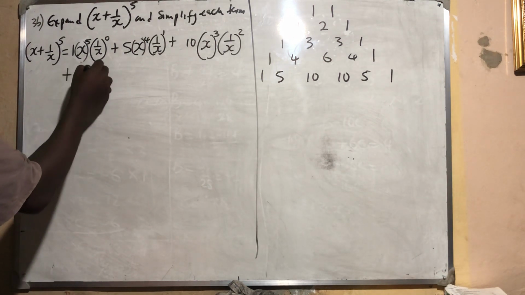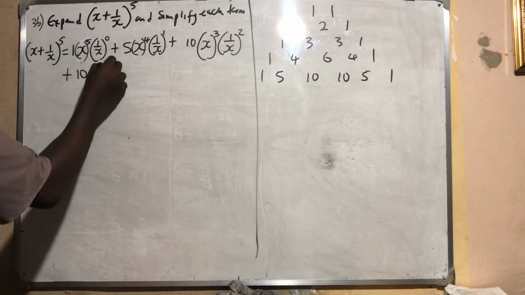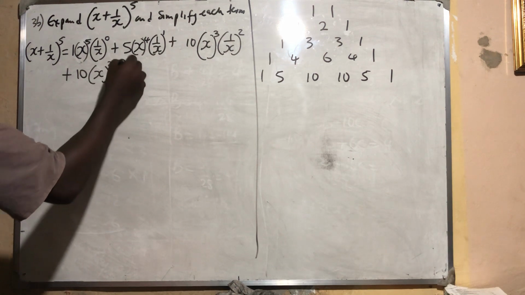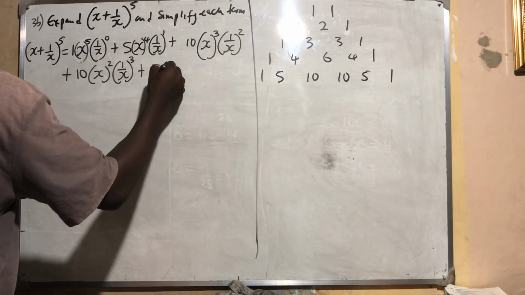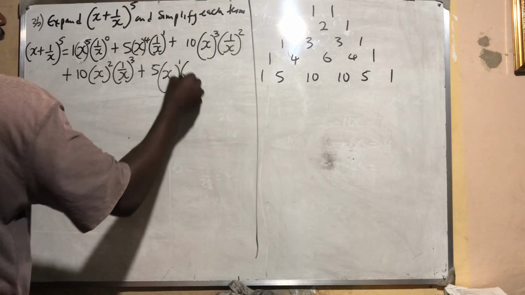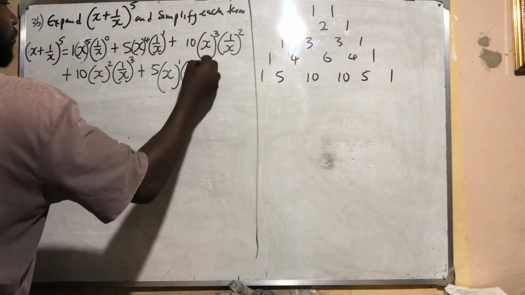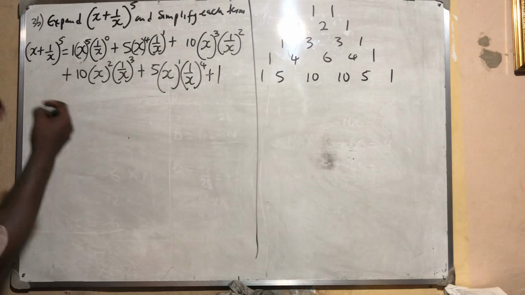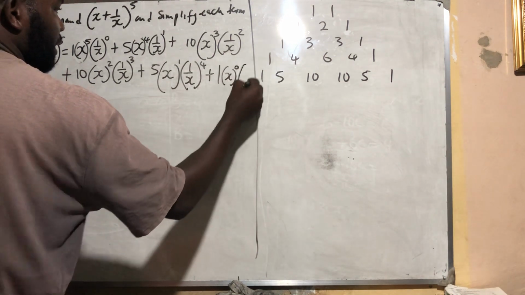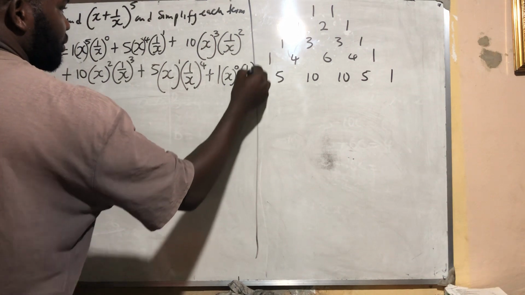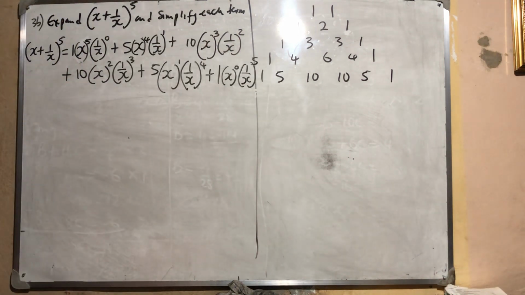Plus 10 again. The boy will now be 2 and the girl will now be 3. Plus, you continue. 5. The boy will now be 1 and the girl will now be 4. And then finally 1. The boy will now be 0 and then the girl will now be 5. Very simple. You are done.